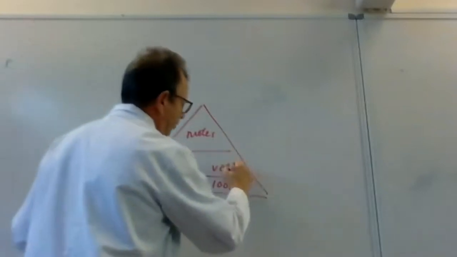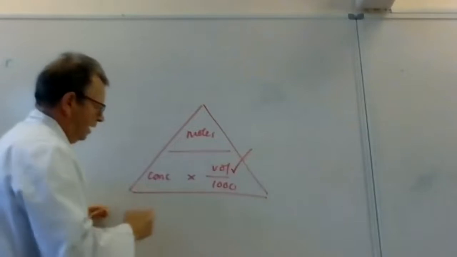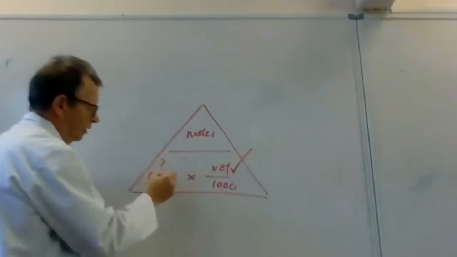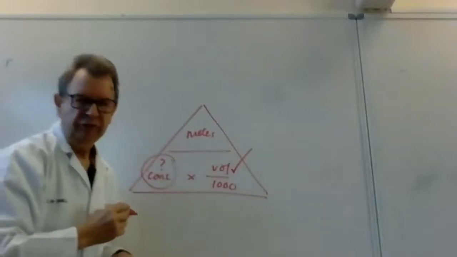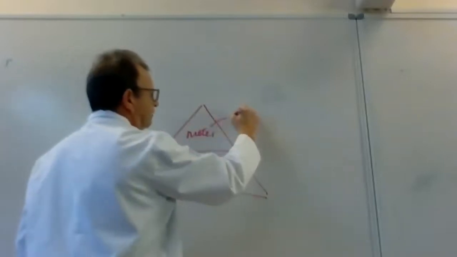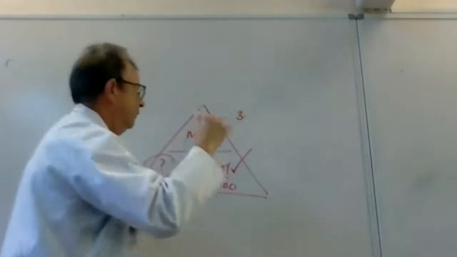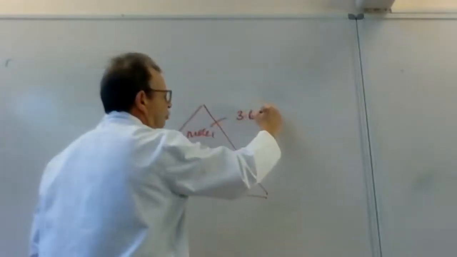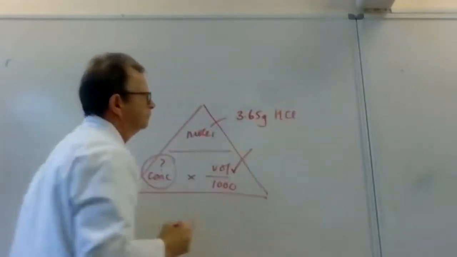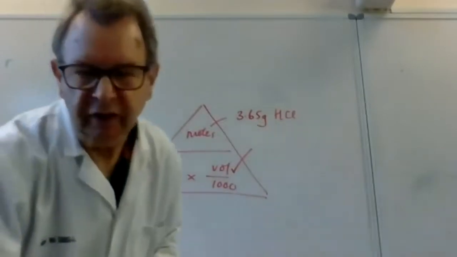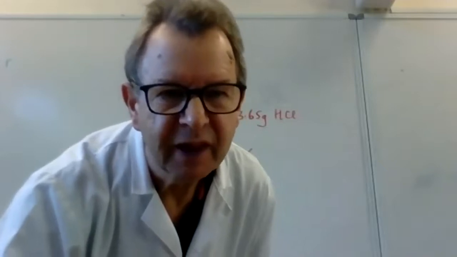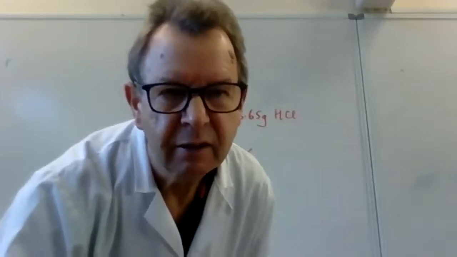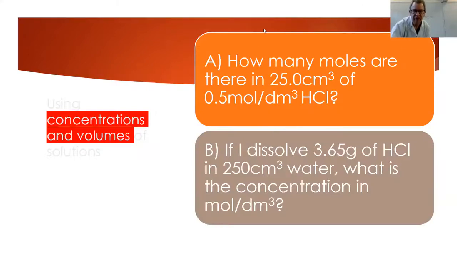They have given you the volume and they're asking about the concentration, but they haven't given you the moles. What they've said is 3.65 grams of HCl. Sorry, I've got to check my own calculation. Yeah, 3.65, okay.